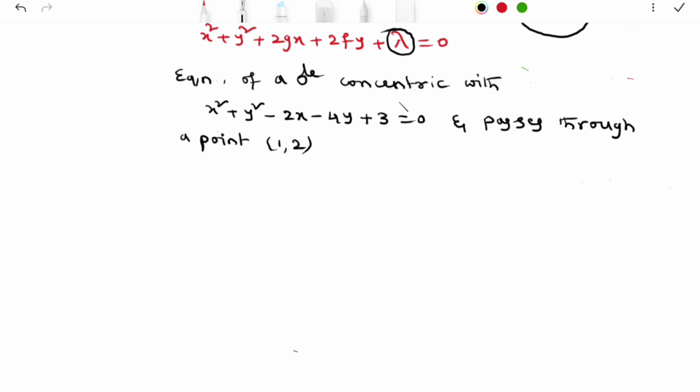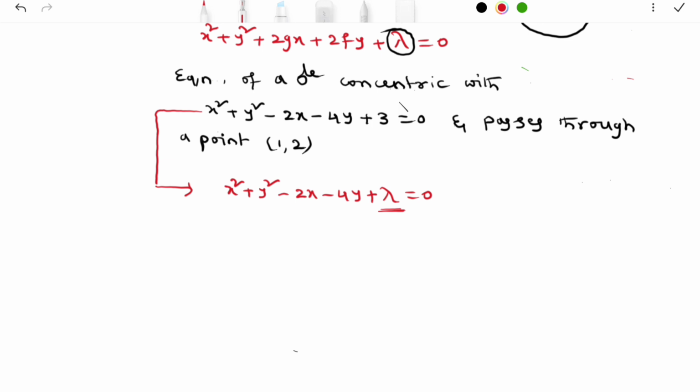So what is its meaning? According to the definition, this one is the given equation. The circle concentric with the given one will differ only in its constant: x square plus y square minus 2x minus 4y plus lambda is equal to 0. Now the unknown value is lambda.